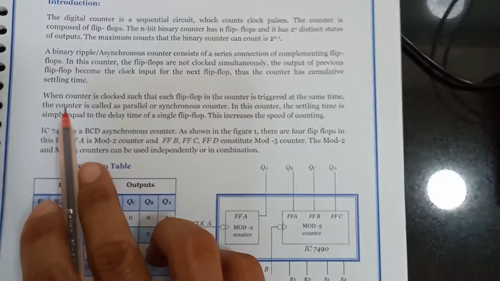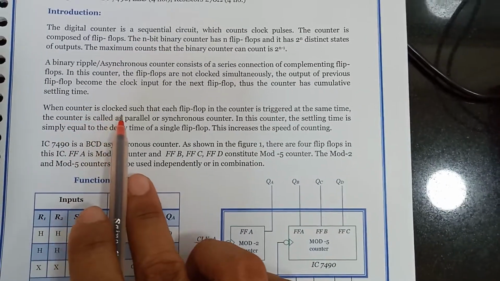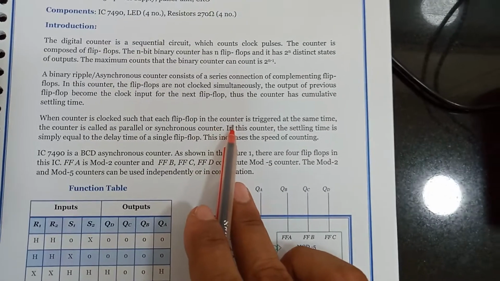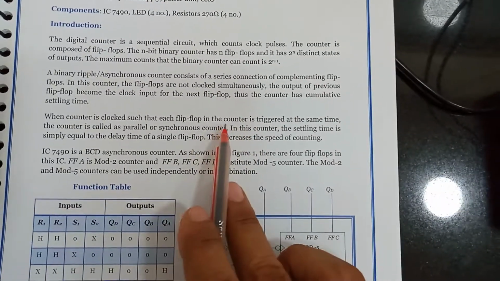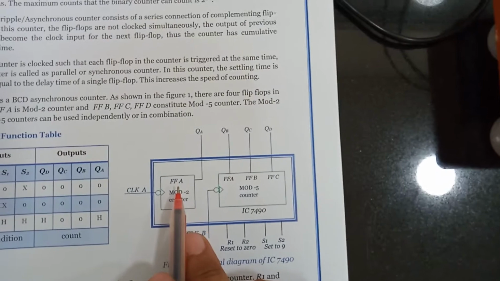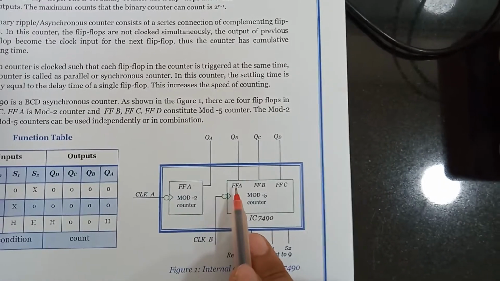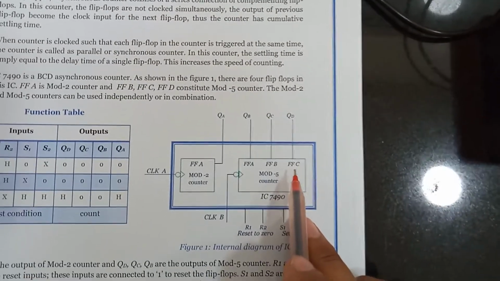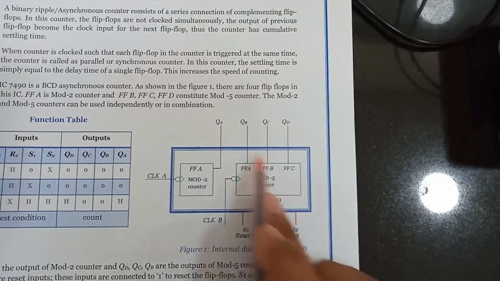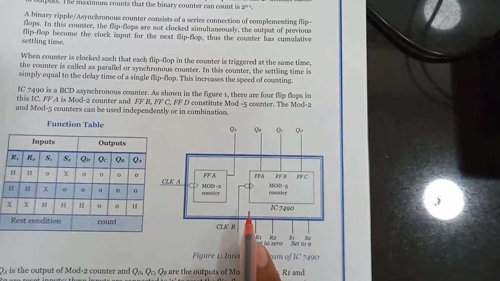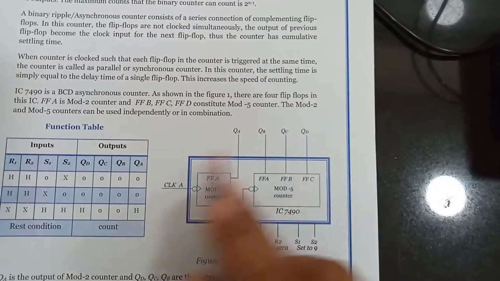You can see when the counter is clocked such that each flip-flop in the counter is triggered at the same time. Means if we see over here we have flip-flops A, B and C, and all these four flip-flops are being triggered at the same time.